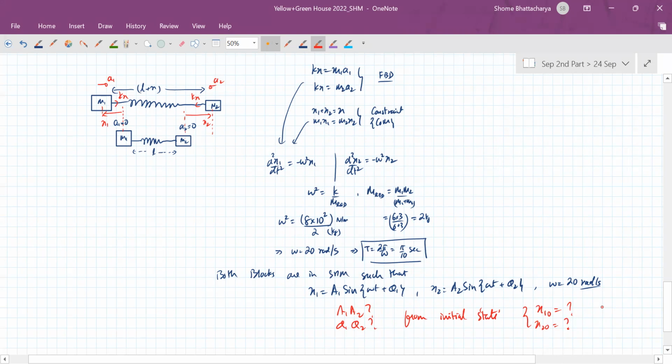And initial velocity at t equal to 0 was how much? Okay. So all these things at t equal to 0. So from that we'll get these phase constants and these amplitudes. Okay. So now just try to work this out. You'll see the same relation holds between A1 and A2 that holds in general between x1, x2 or v1, v2 or a1 and a2. And that comes from the center of mass being stationary.